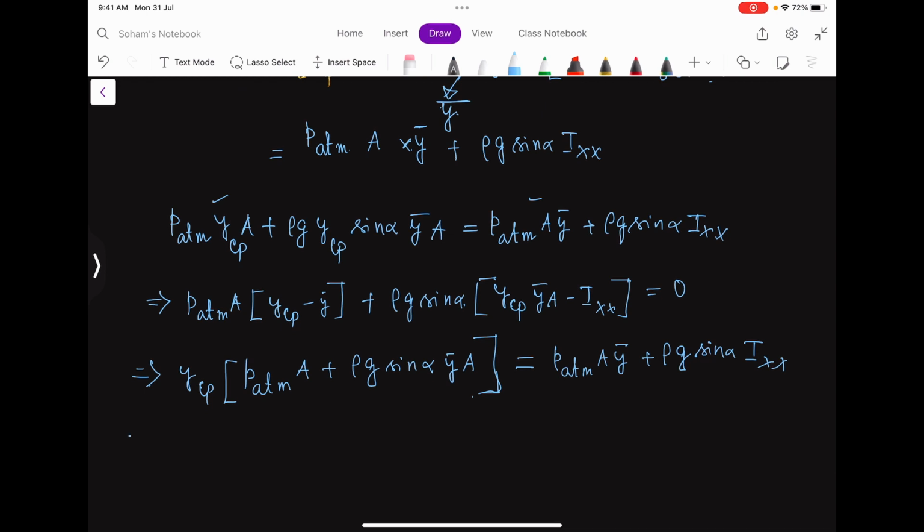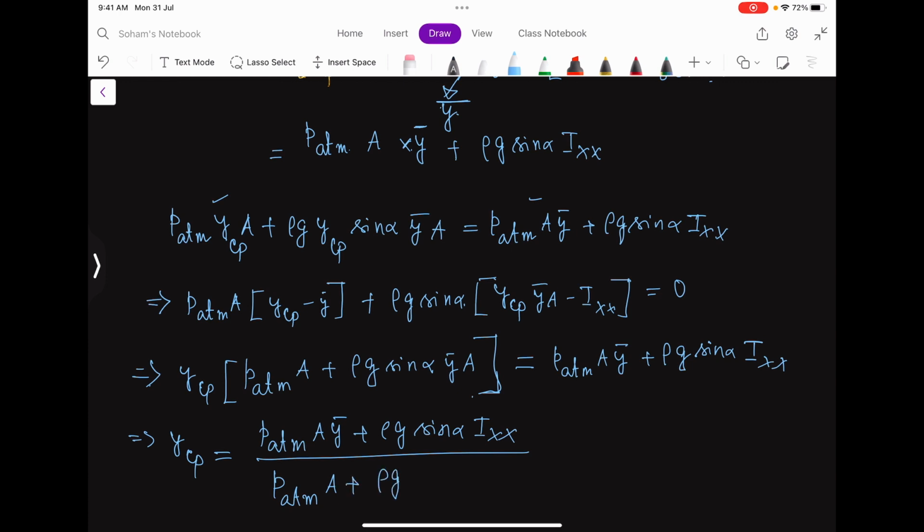That means this ycp is equal to p atm A y bar plus rho g sin alpha Ixx by p atm A plus rho g sin alpha into y bar A.